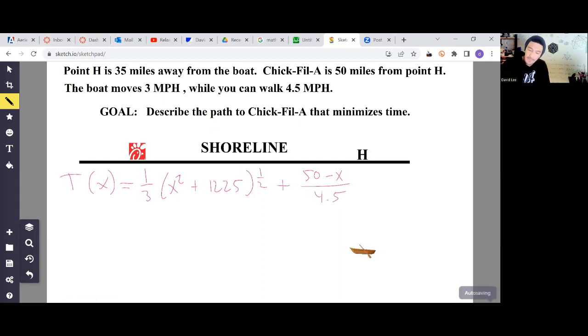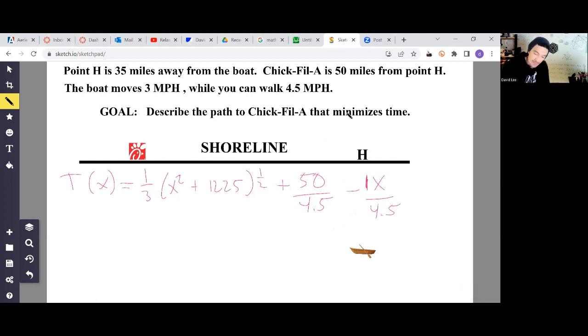And then this here, why don't we actually break that up into 2 parts? Break that up as 50 over 4.5 minus X over 4.5. And put an invisible 1 right there next to the X.